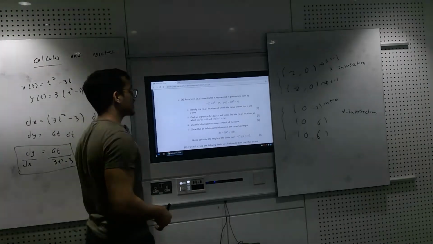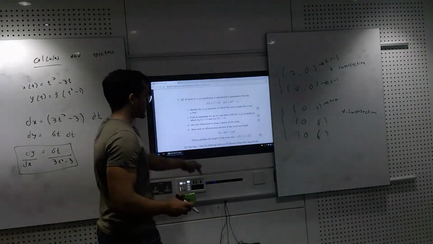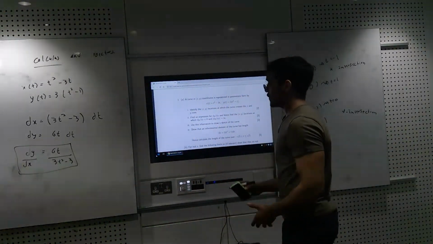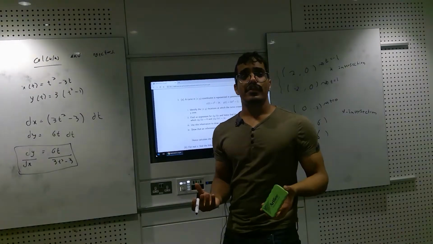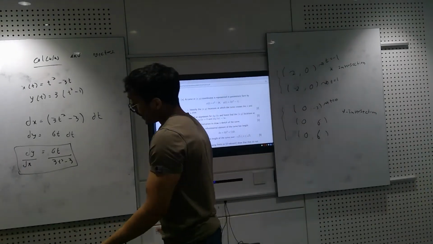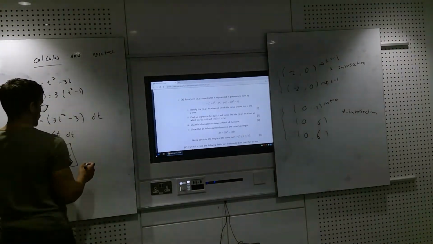And hence find the xy location at which dy divided by dx is equal to 0, and where it is equal to infinity. It is infinity if the denominator is 0 and the numerator is not 0, and it's 0 if the numerator is 0.